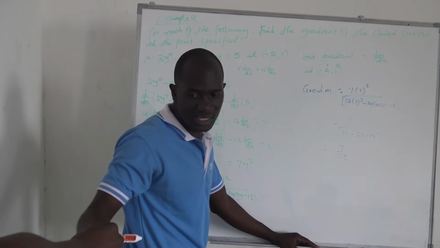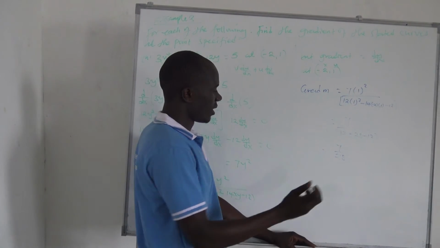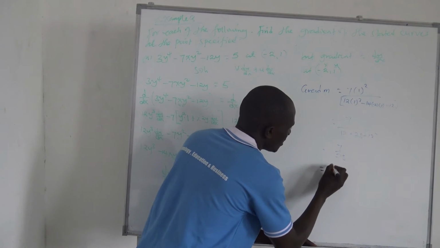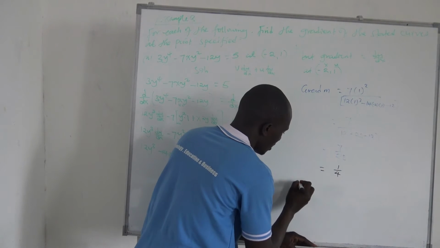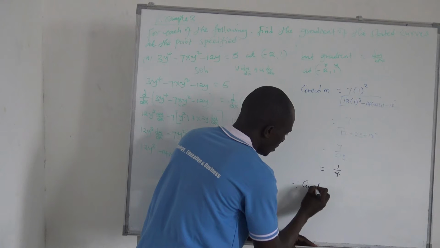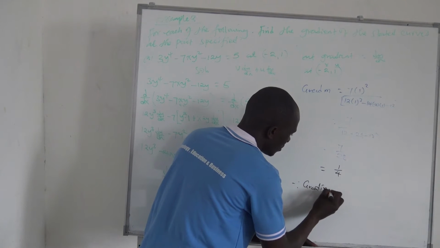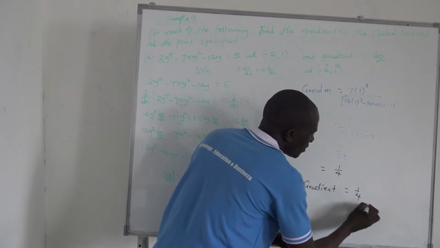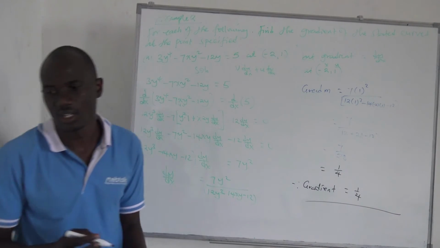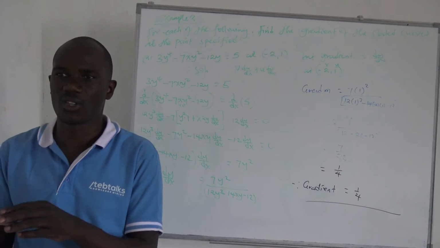What do I get? When 7 goes, how many times? 4 times. So we are getting a quarter. Therefore, our gradient which they asked is a quarter. So this is the gradient of that function.